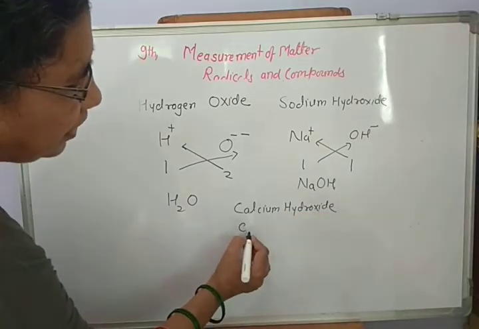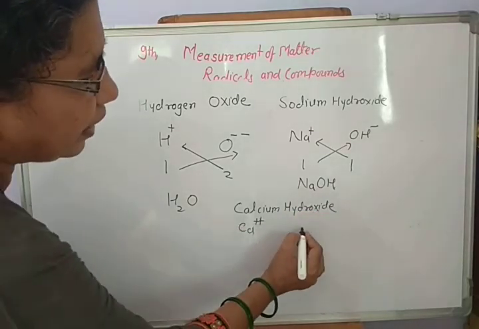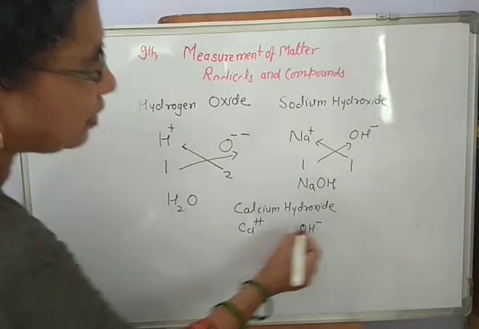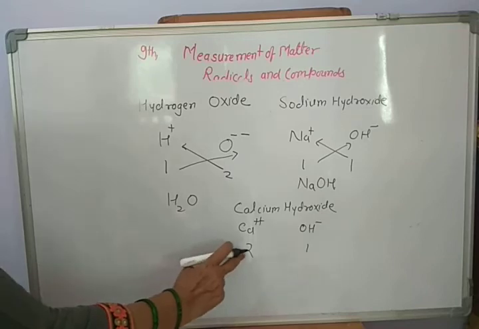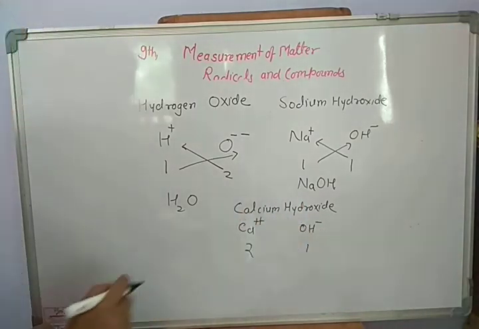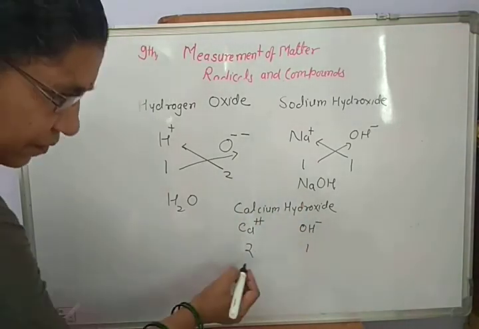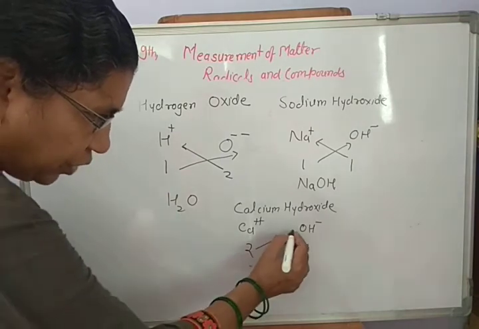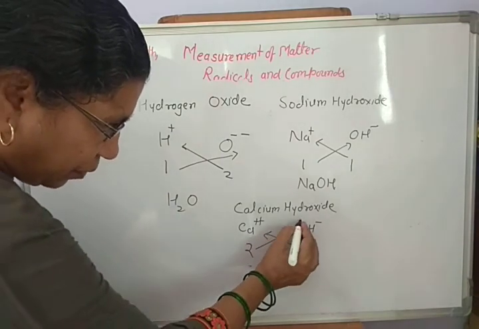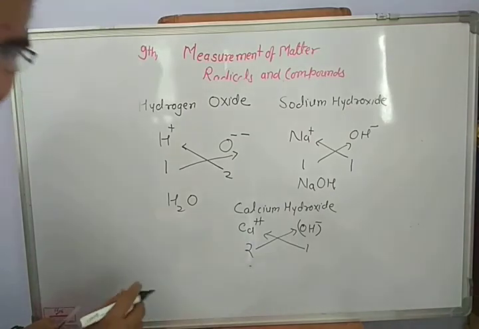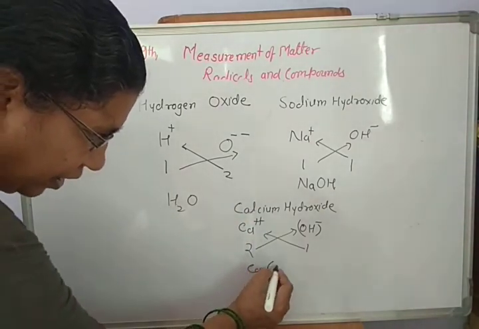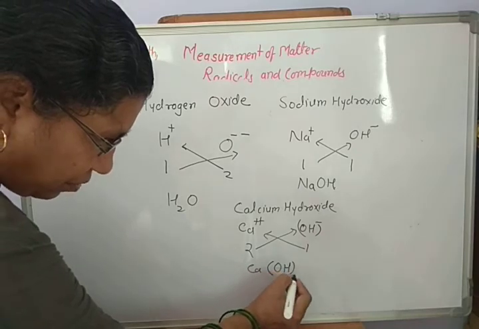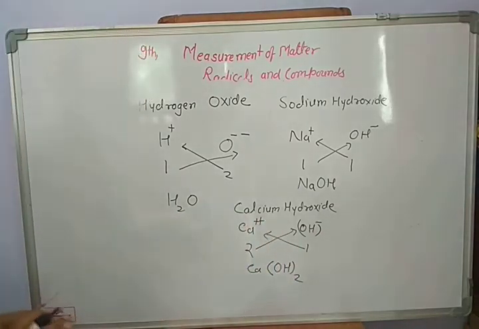Now Ca is double plus and hydroxide is single minus. So here there are 2, here it is 1. Now this 2 is given to the bracket of this hydroxide. This 1 is given here, but here there is a bracket because it is a composite radical. So it becomes Ca(OH)2. 1 is never written.